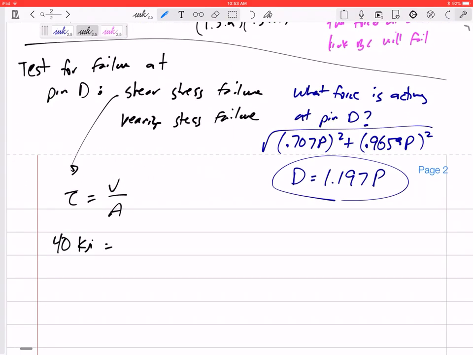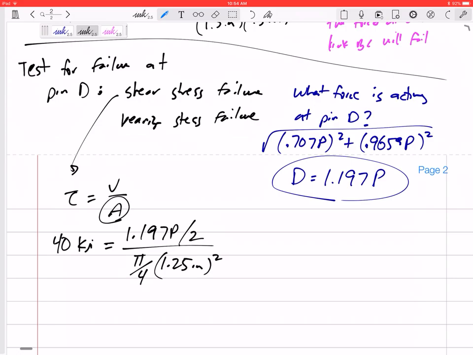So the V that is acting is 1.197 P divided by 2. And the area for shear stress in pins is the circular cross-sectional area, pi over 4 times diameter squared. I was told the diameter is 1.25. And from there, I can find force P. I get a P of 82.01 kips.